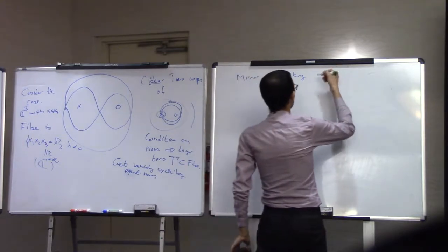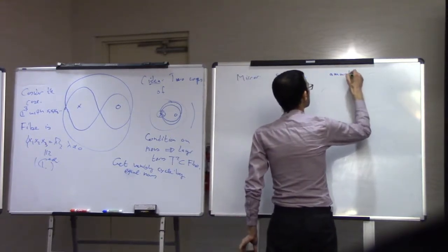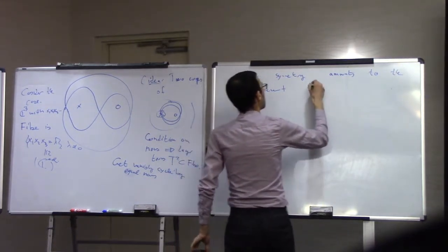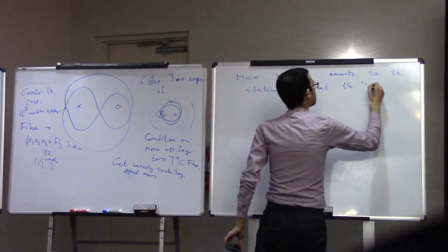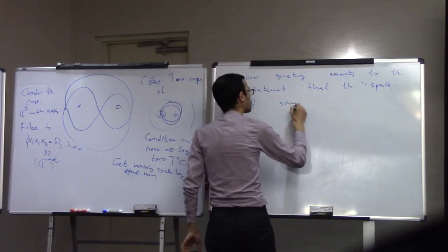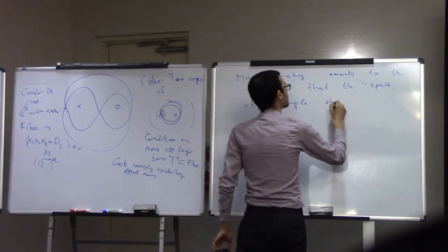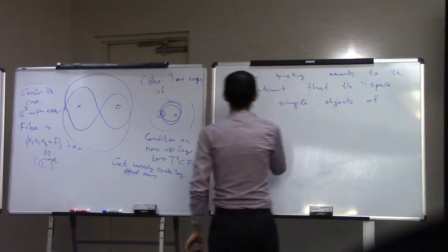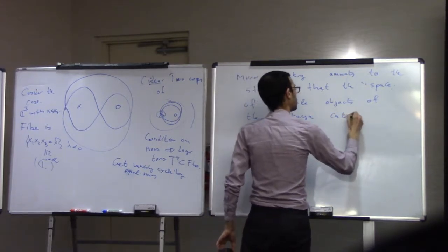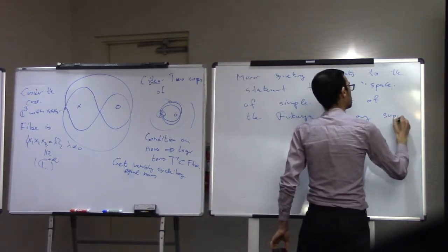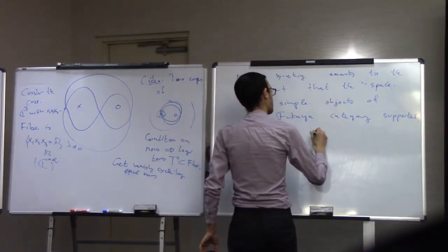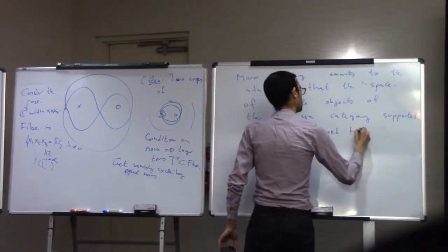So mirror symmetry amounts to, this is a little bit of an exaggeration, the statement that the space of simple objects, whatever that means, I don't want to be too precise about it, objects of the Fukaya category supported on this immersed torus, okay?